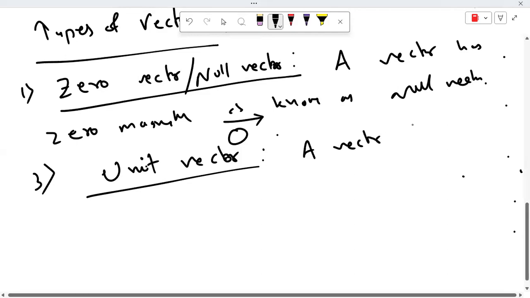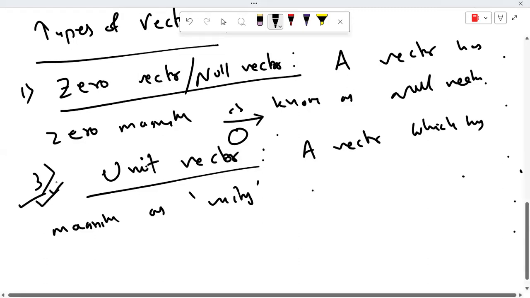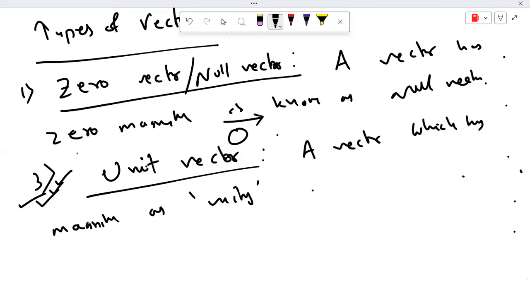A vector which has magnitude as unity. Okay. And remember, the unit vector is the most important vector in mathematics, also in physics. Everything will revolve around this unit vector. And one other vector, which is the position vector, which we will learn at a later stage.